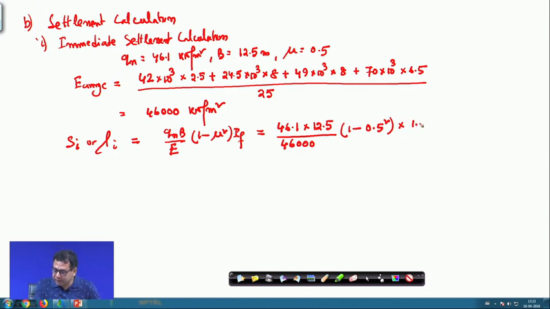So, at the center 1.12 is the IF value from the table. Remember that here for IF I am taking the flexible foundation center value for the square footing, and later on we will apply the rigidity correction because it is a rigid foundation. That is why we take the flexible foundation IF value at the center here.